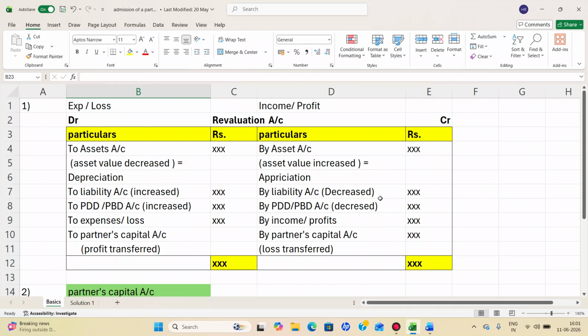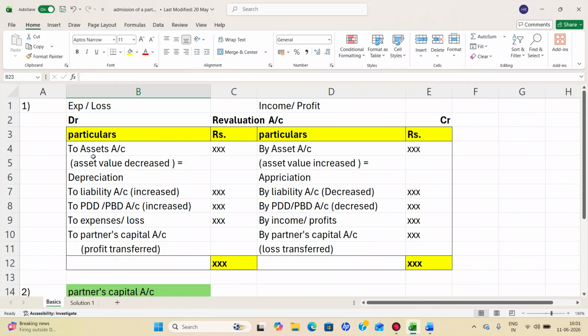By incomes or profits, I have said already, incomes and profits should be recorded on the credit side. So if we add all these and deduct the debit side, we get 'by partners capital account', that is profit transferred. If the debit side is more, we deduct all these, we get 'to partners capital account', that is loss transferred.